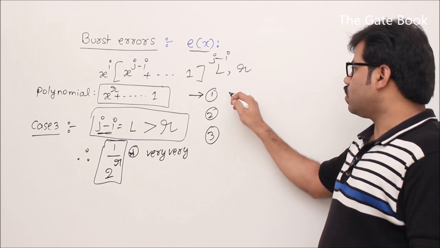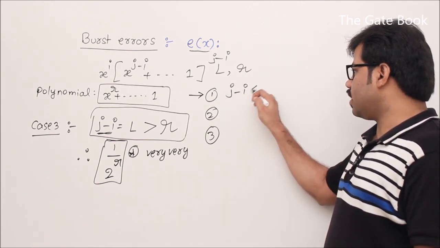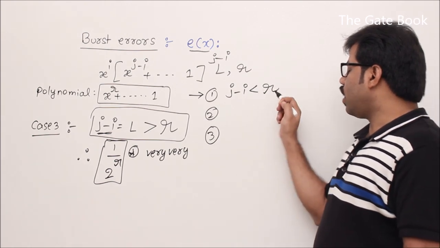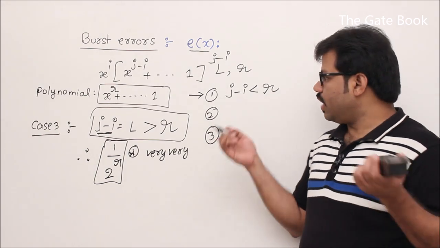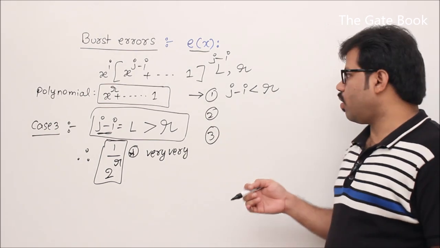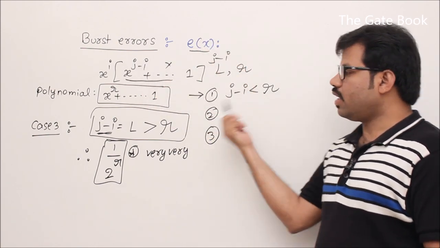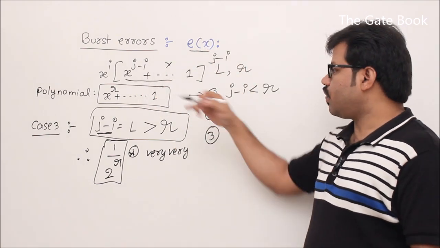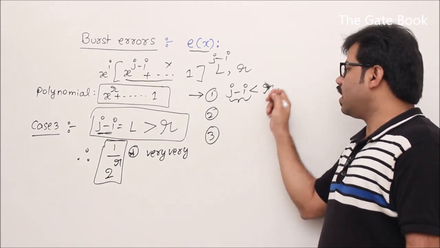When L, which is j minus i, is less than r. That means your polynomial's degree is greater than j minus i. We can't divide it, so definitely we can detect the error. Remember, every burst error can be caught when j minus i is less than r.